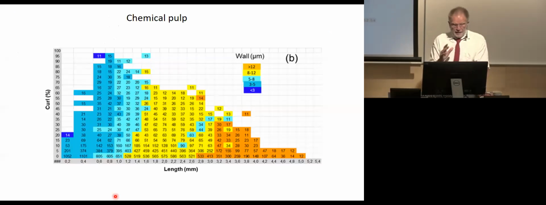Just one slide showing chemical pulp. It's more or less the same here. You can work with those properties you get from analyzers and see here that the longest particles are here. And just something, if you remember the dip, it can also be visible here. Here you have an area with a little bit more thin-walled particles.